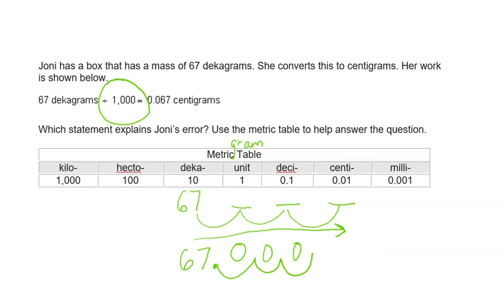So any measurement that you convert to that's to the right of the beginning measurement, that's a multiplication problem because you're talking about a smaller unit. And your number is going to get bigger to represent more of that smaller unit in whatever you started with.